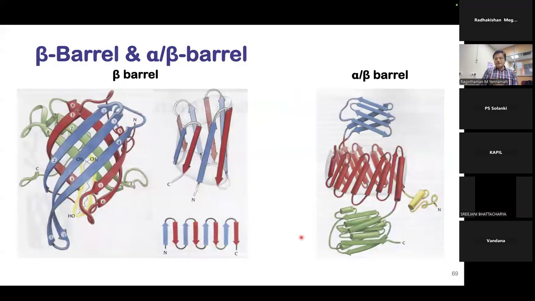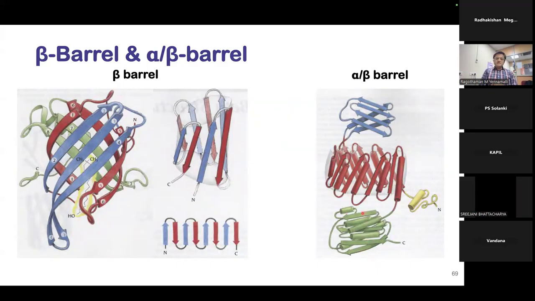Now I'm going to go back here and show that this is an alpha slash beta domain because it has alternating beta, alpha, beta, alpha, beta, alpha. But this domain is an all beta domain because you have only beta strands. Here you have alpha slash beta again.